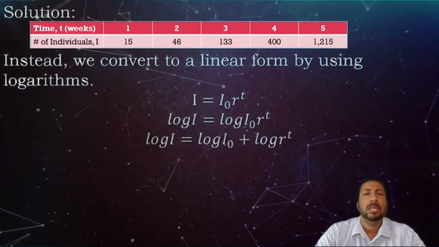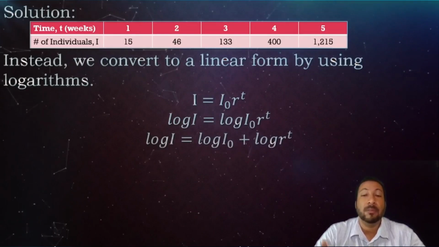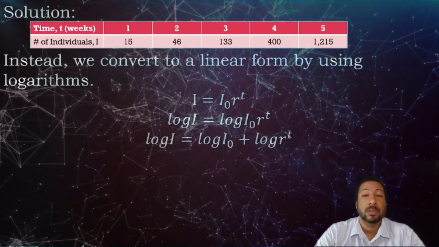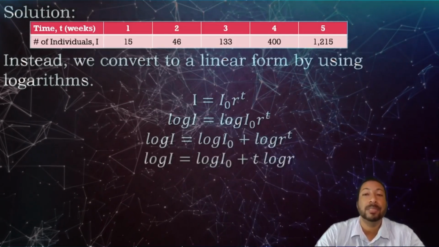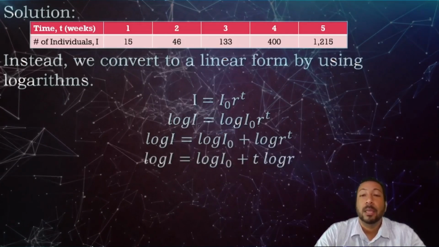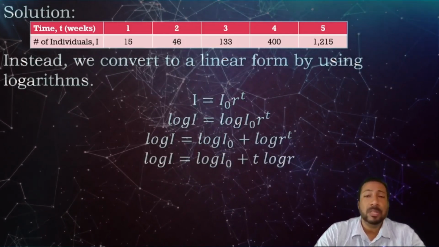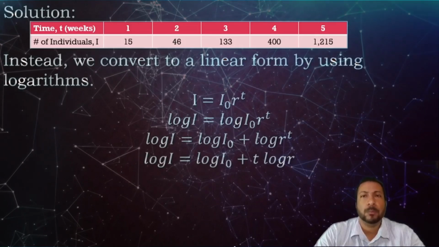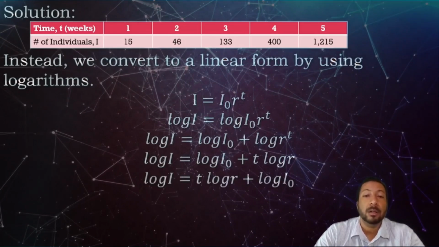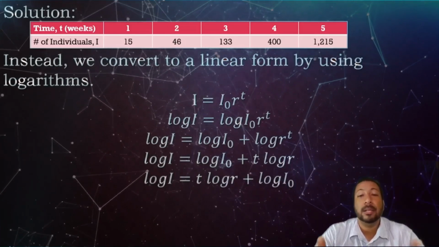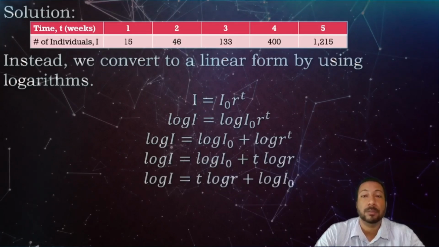The next law that we can apply here is that we have r to the t power. So since it's to the t power, that t can go to the front and multiply times the log of r. Next, I want to just rearrange this a little bit, and you'll see why in a few moments. I'll just rearrange it to have t log r to the left, and then plus log of I sub naught.